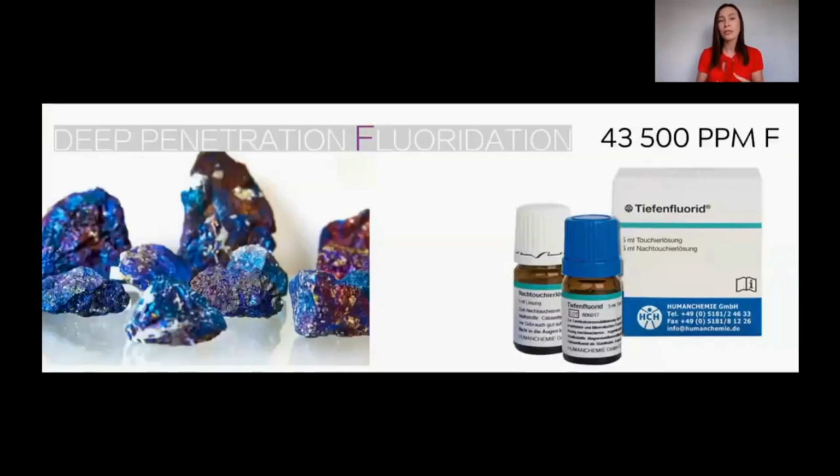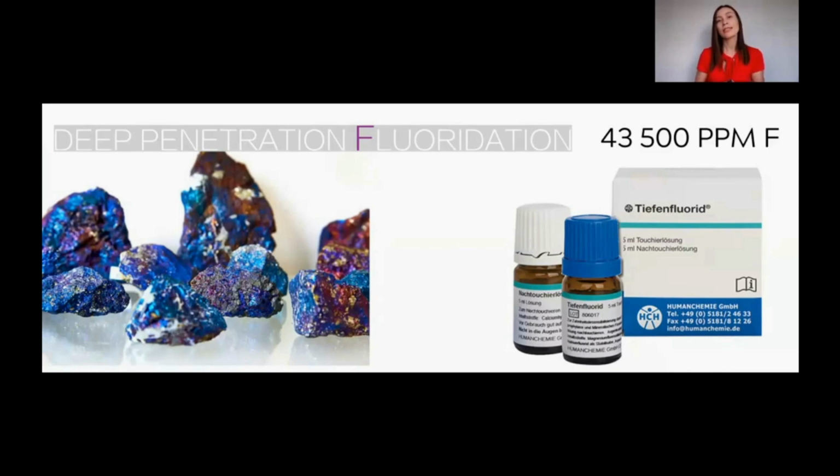So in my practice, I choose this product. It's called Tiefenfluorid, and it has 43.5 thousand ppm of fluoride. It also contains copper, which has some antimicrobial activity, and it has some calcium hydroxide ions.